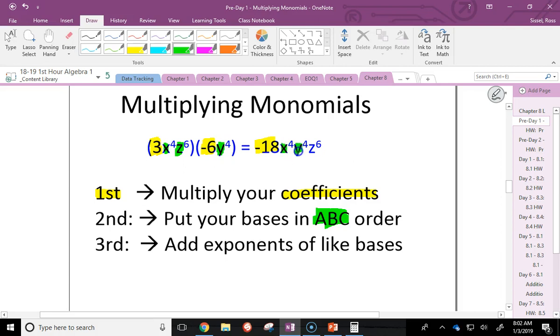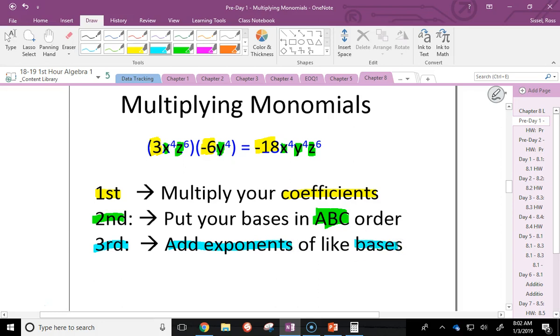So X, Y, Z. You want to put your bases, your variables, in alphabetical order. And the last thing we did is same thing we just said: add the exponents of like bases.